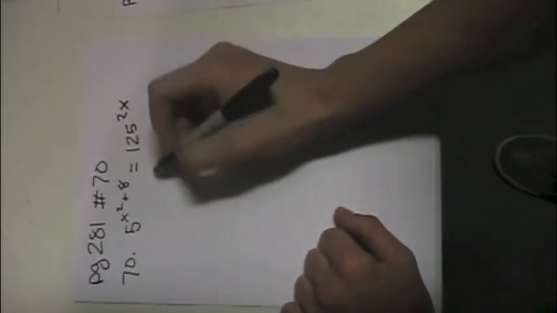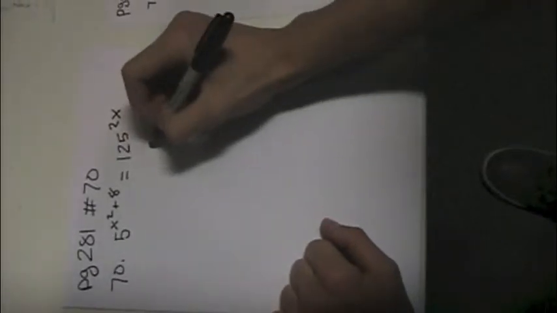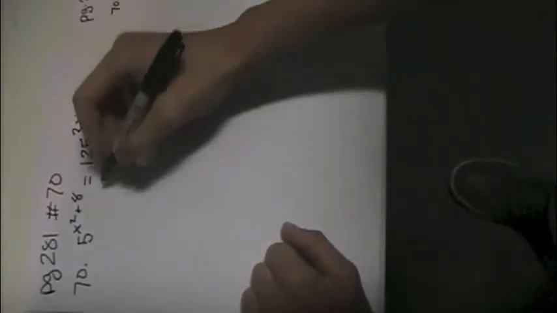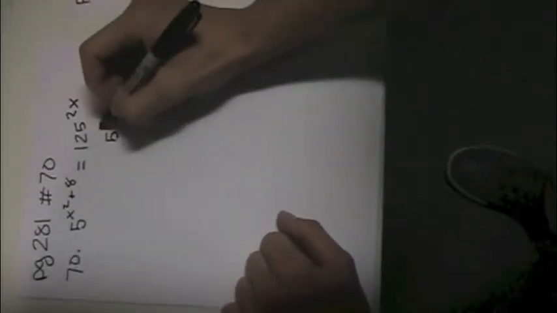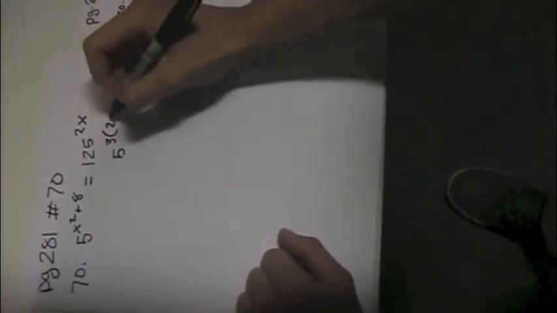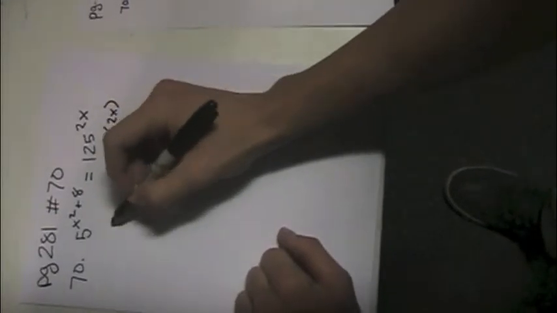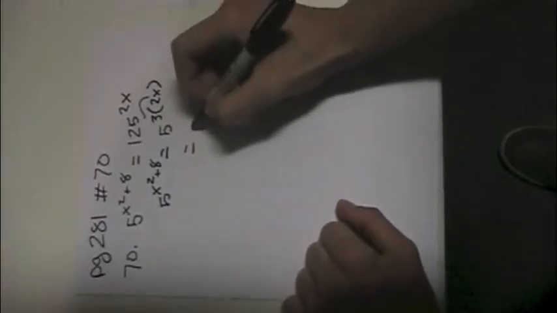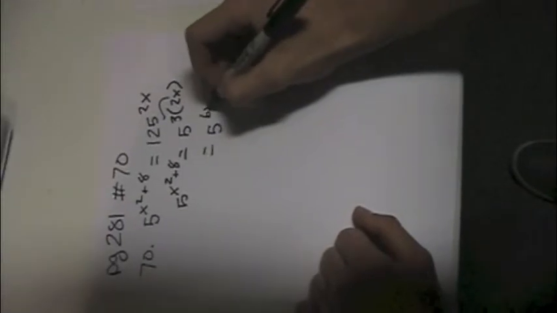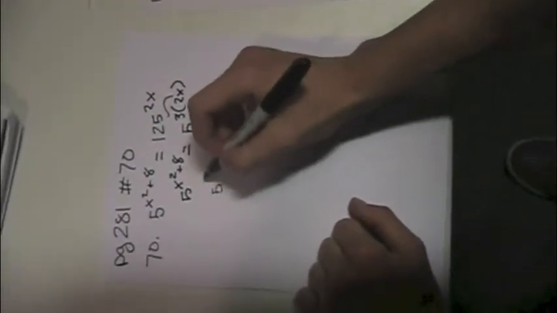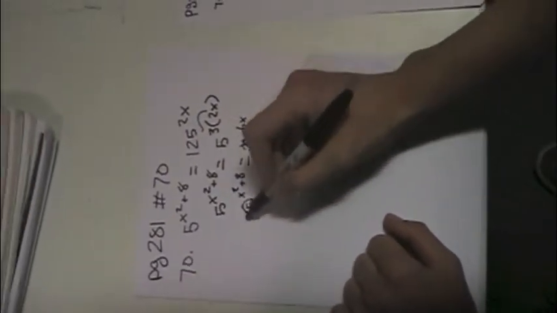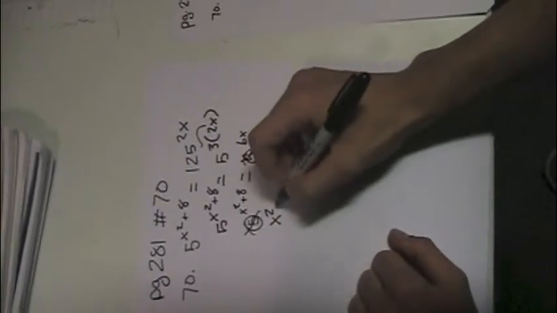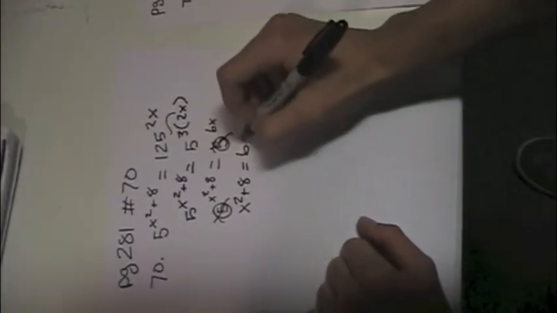And so we see this 125 over here, and we do the exponents, so the bases are the same, and this is 3 times this 2x, and then this is still the same on this side, and we multiply these two together and we get 5 to the 6x equals 5 to the x squared plus 8, and since these are the same, we can cancel them out, and this is x squared plus 8 equals 6x.